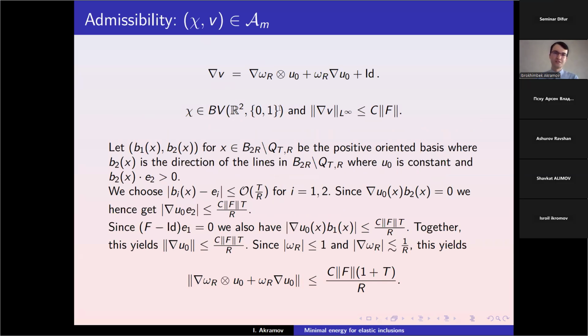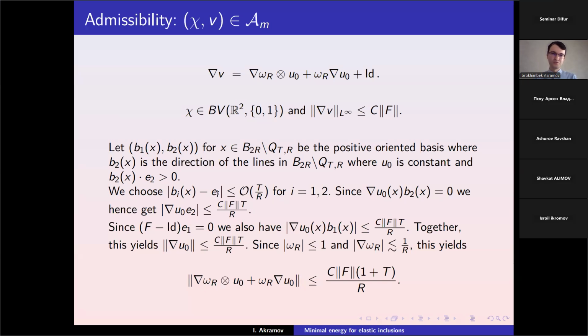We are proving it here, and first of all, chi is from BV of R2 with values 0 and 1, and nabla v is bounded by C times norm of F. Let b1 and b2 for x outside B2R excluding Q t r be a positively oriented basis, where b2 is the direction of the lines in B2R minus Q t r, where u is a constant, and b2x times e2 is bigger than 0.